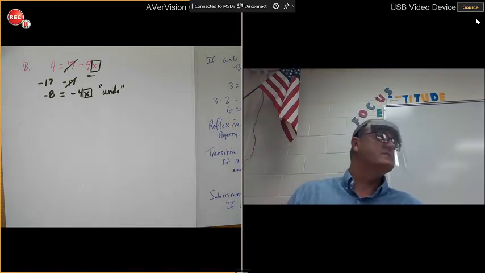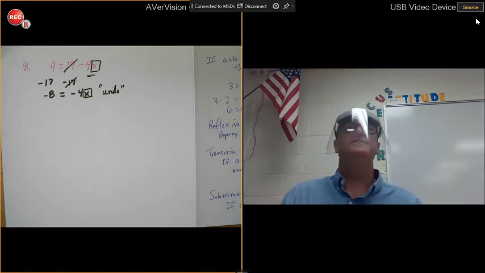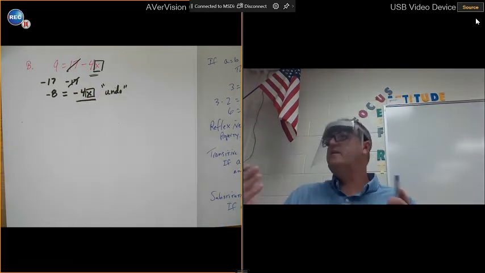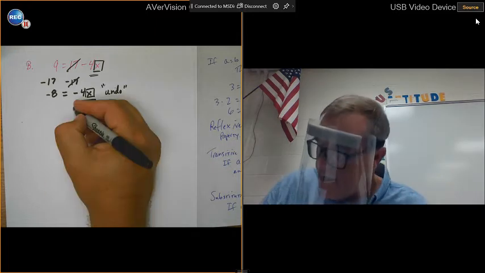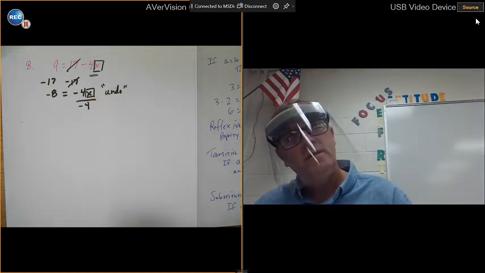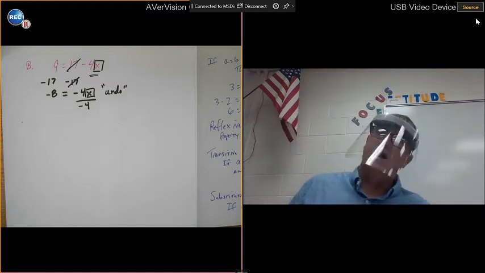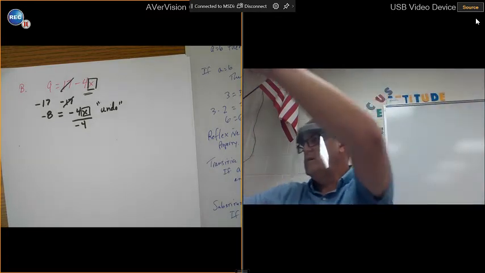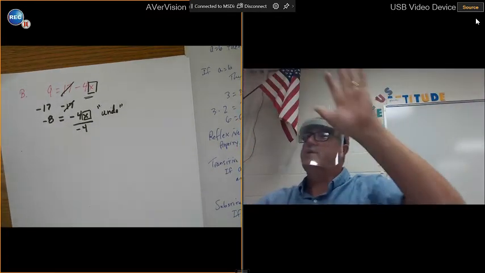You do the opposite property, which is division. So the division property of equality means that we divide. Do I just divide by 4? Negative 4. Whatever I do to one side of the equation, I have to do to the other side because I got to keep my scale balanced. Does that make sense?